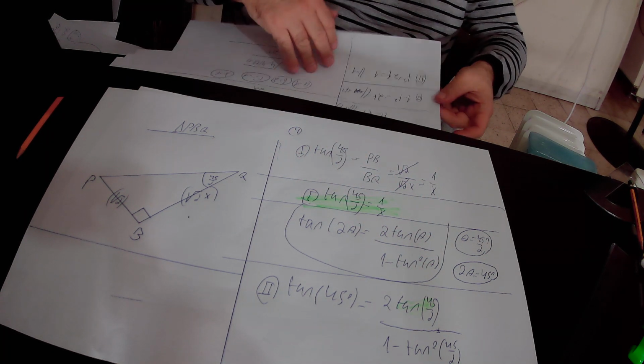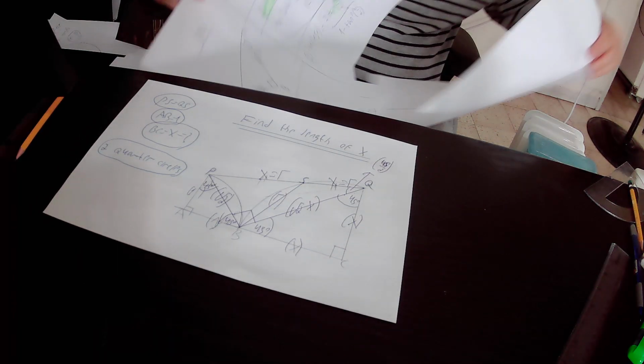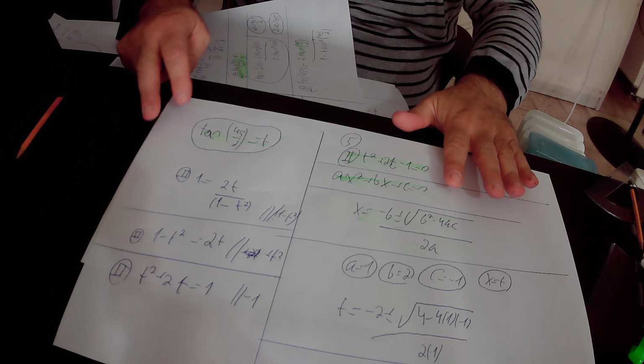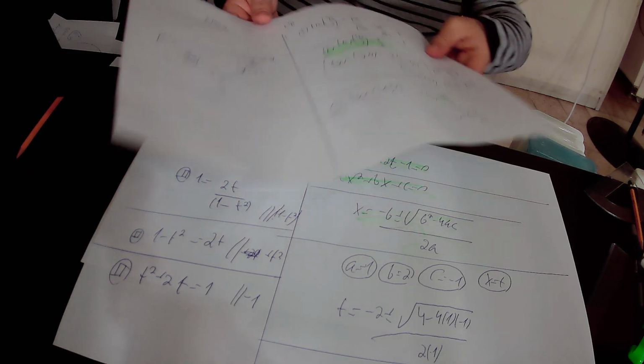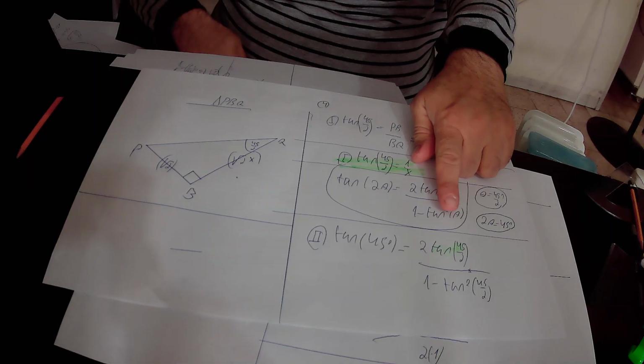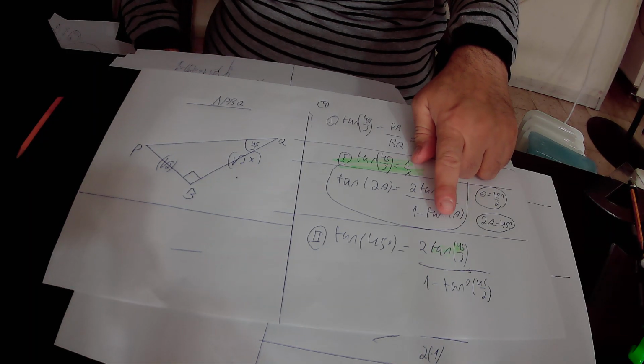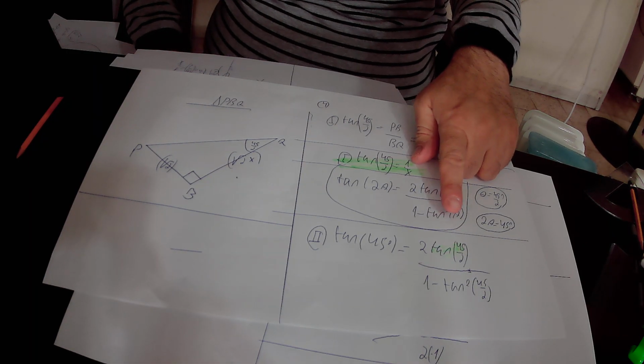Then we define tangent 45 over 2 degrees as t, and we substitute tangent 45 over 2 degrees in equation number 2 by t.